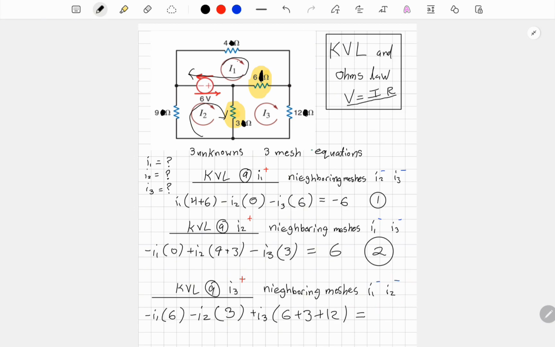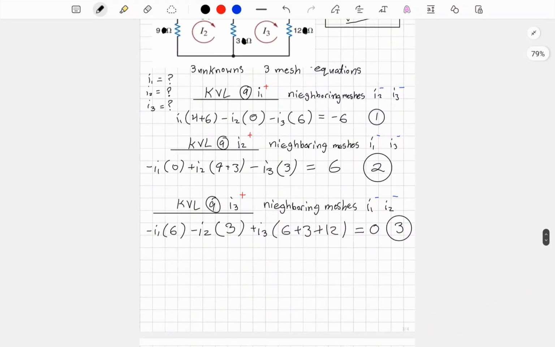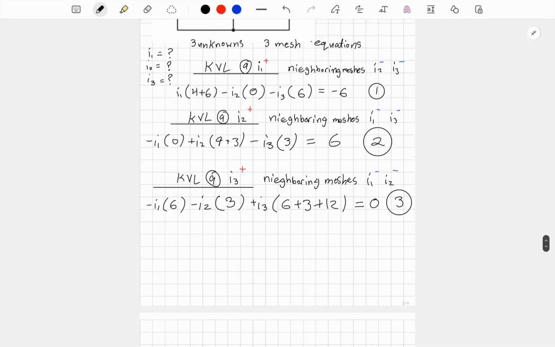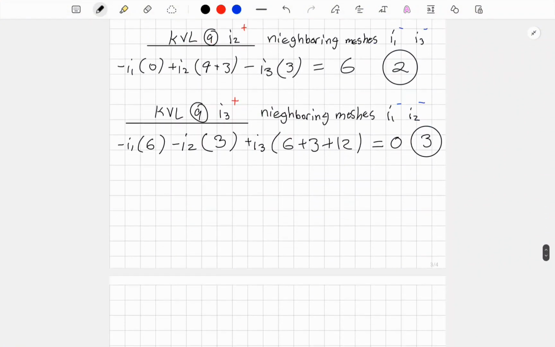Well, no, there isn't, so 0 equals 0 is my third equation. So now what I can do is put these 3 equations into a matrix and solve for my I1, I2, and I3 and get an answer for my currents in the meshes.